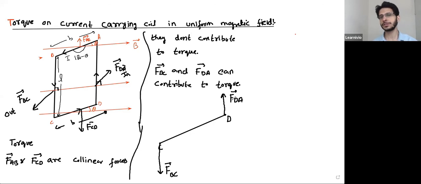And this is FDA, which is acting in inverse direction. So instead of drawing FDA inwards, I'm drawing it upwards. And instead of drawing this FBC outwards, I'm drawing it downwards. And this angle with the horizontal is theta.